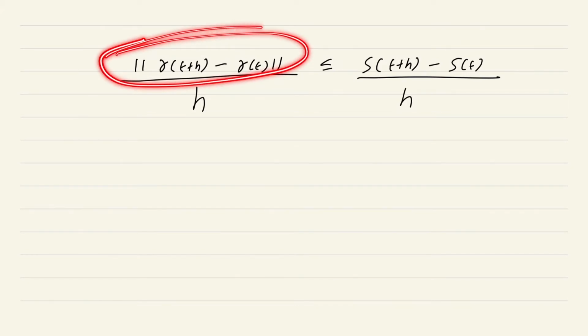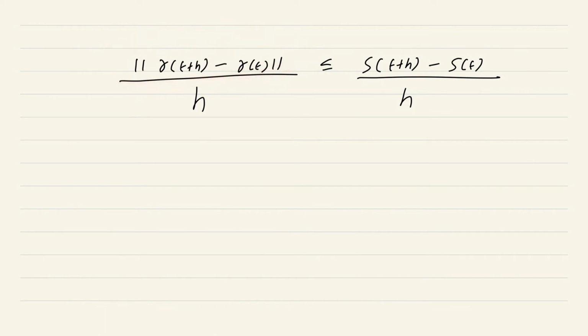So this single term is less than or equal to the length, which is equal to this. That's how we get this inequality. And this, again by the fundamental theorem of calculus, is less than or equal to 1 by h times the integral from t to t+h of norm gamma prime of u du.